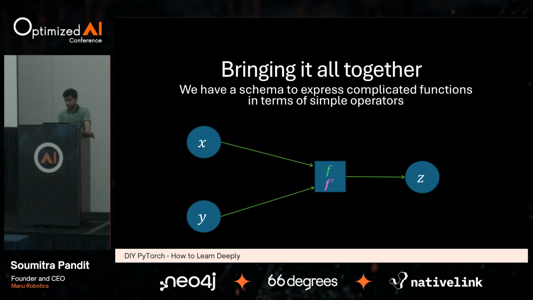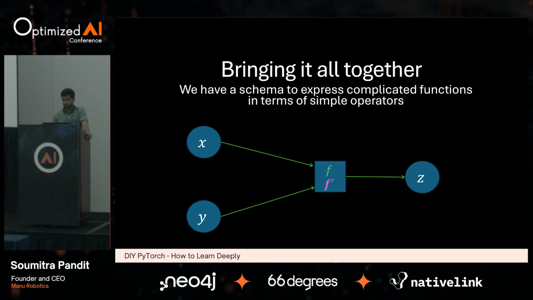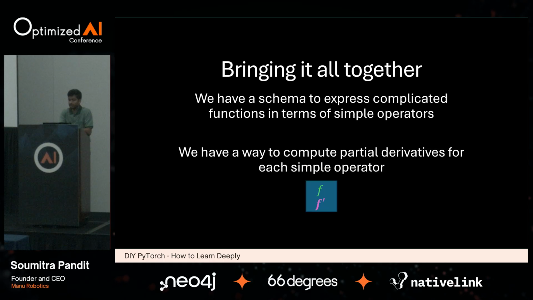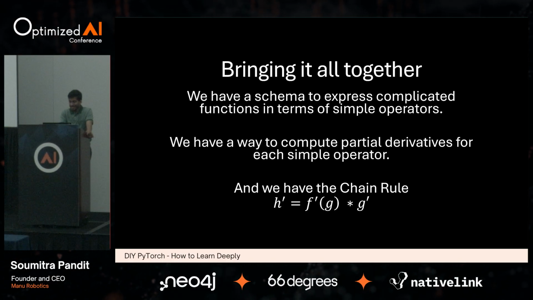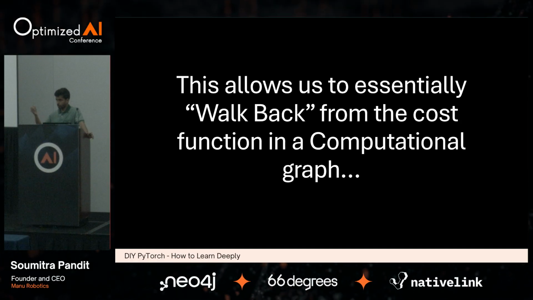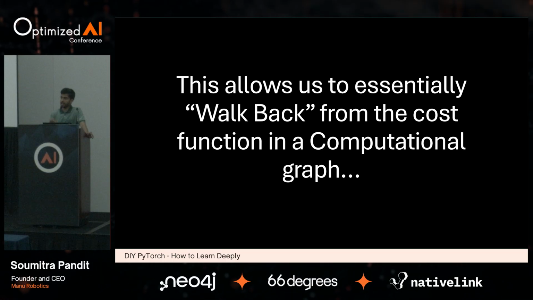We have a schema that we have painstakingly developed to express complicated functions in terms of very simple operator compositions. We have a way to compute partial derivatives using the simple operator block that we just developed. And most importantly, we have the mighty chain rule. This essentially allows us to literally walk back from the cost function right to the input variables and accrue the gradient.